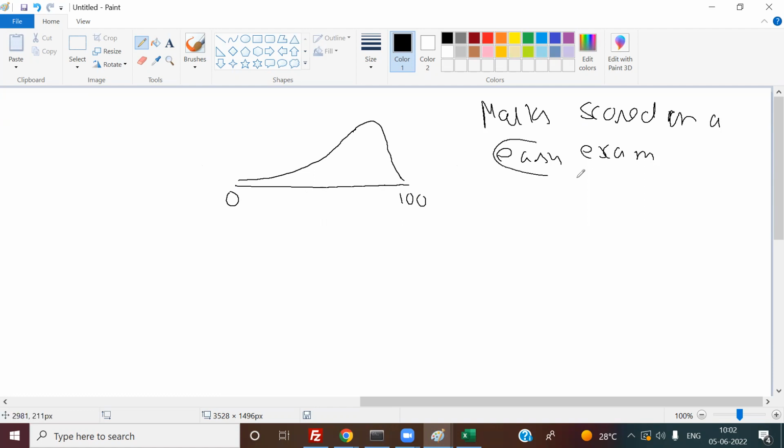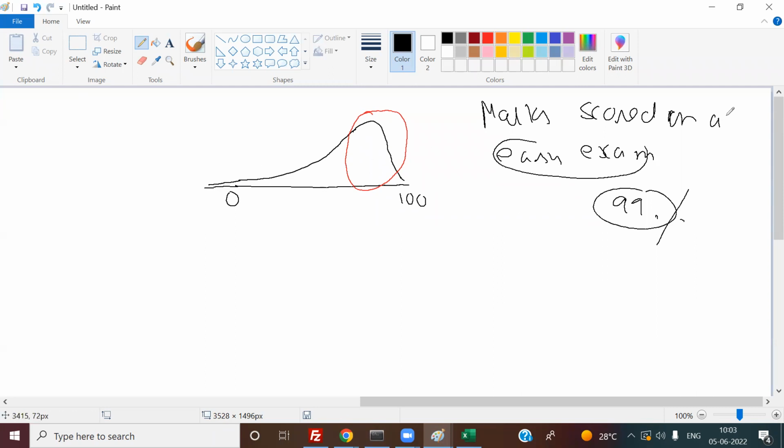If the exam is very easy, then most of them would have got a very high score. But there might be a few who would still not have done that well. Remember, in the last 2 years everyone got 100%, 90%, 99%, exams were not even held, but still some people might have failed, right? So most of them got a very good score, but there might be a few who got less, right?